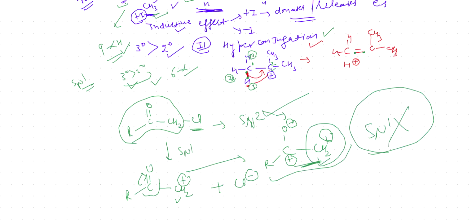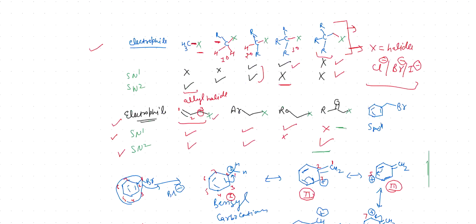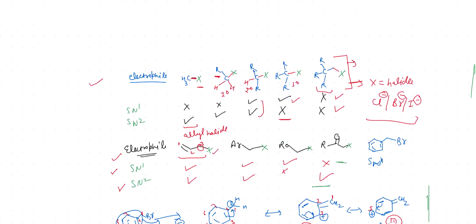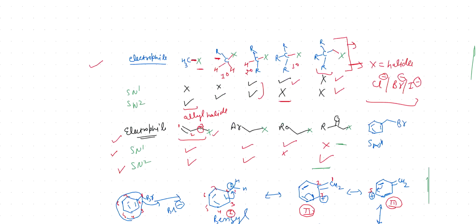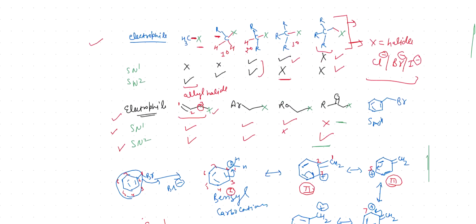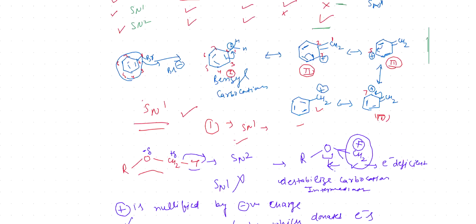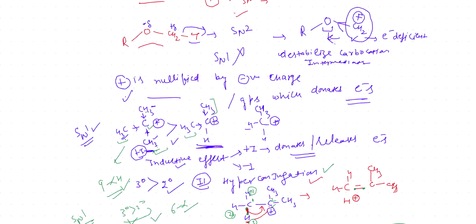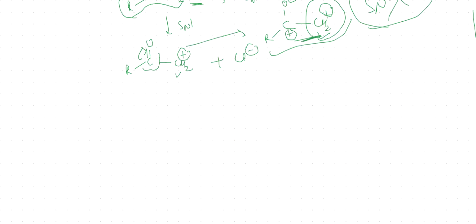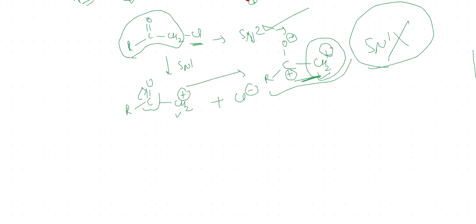So we are done with all the examples. I have told you what kind of molecule will follow SN1 and SN2 mechanism.